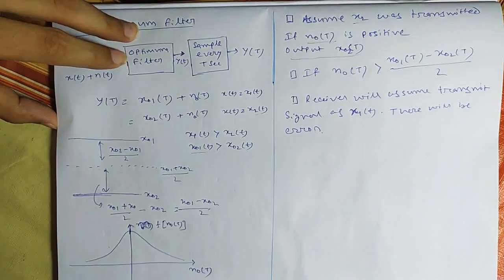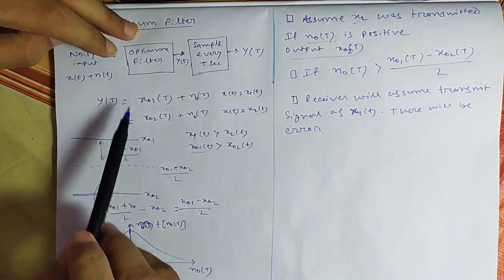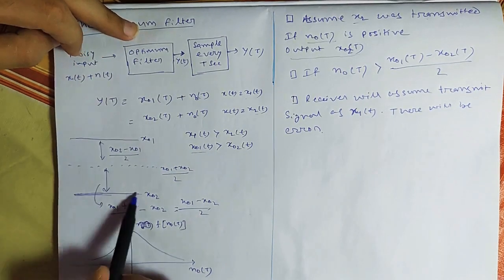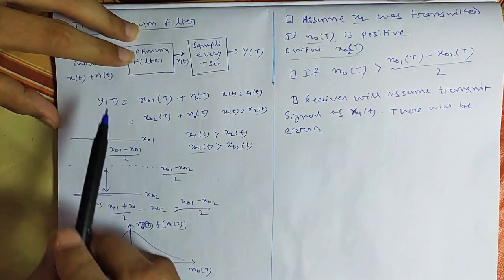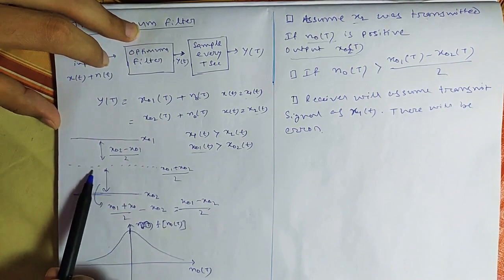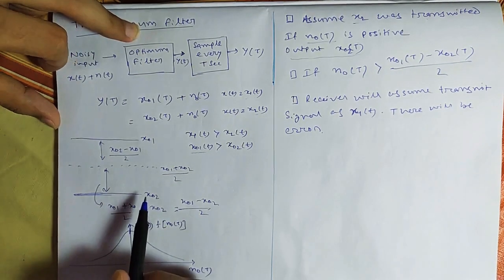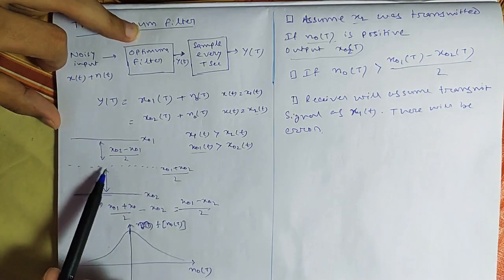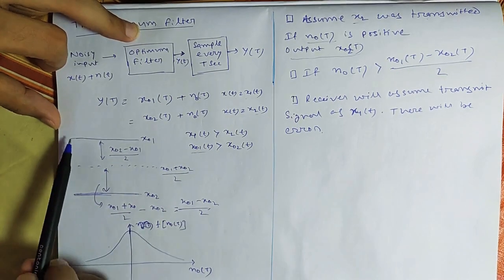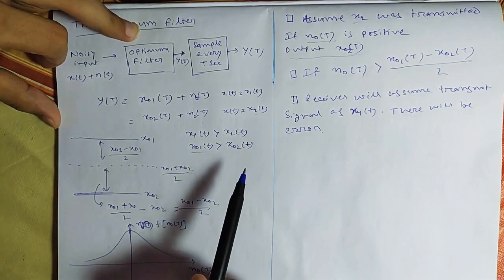I repeat once again: I assume my voltage levels after filtering without noise are x02 and x01. If y(T) is in the region below the decision level, the receiver will assume the transmitted signal is x2, and if y(T) is in the region above, the receiver will assume the transmitted signal is x1.